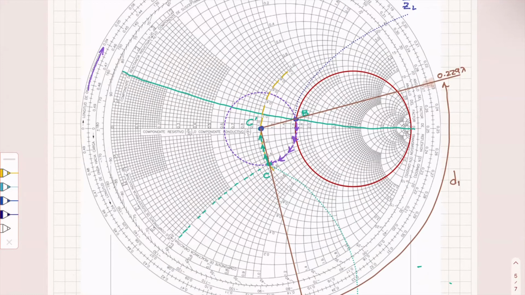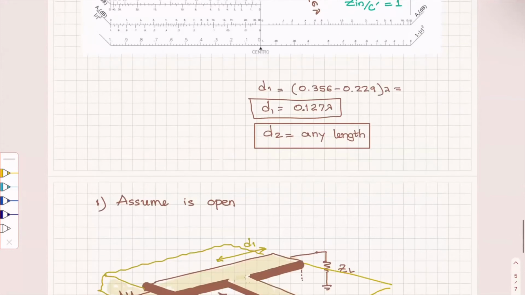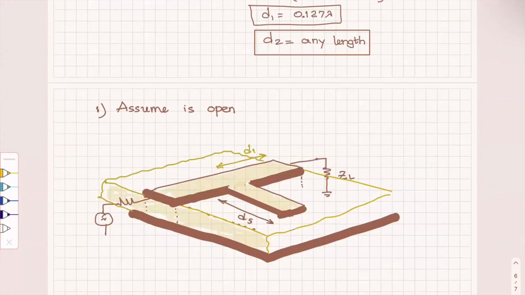So if the stub is open, what is the load at the end of the stub? If I go here at the end of the stub, what is the load that I see? The stub is open there. So what kind of impedance do I see? Open or short?